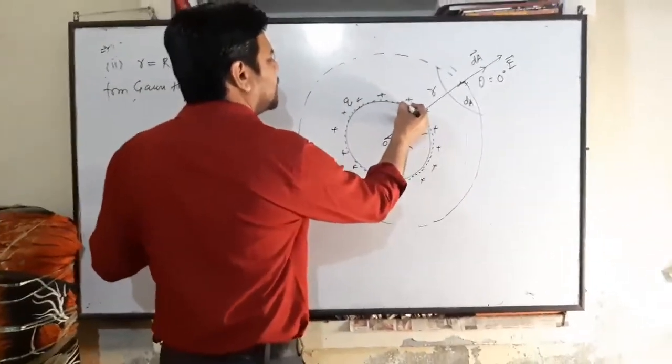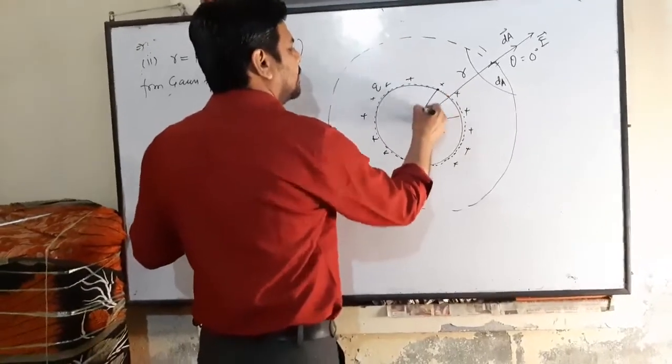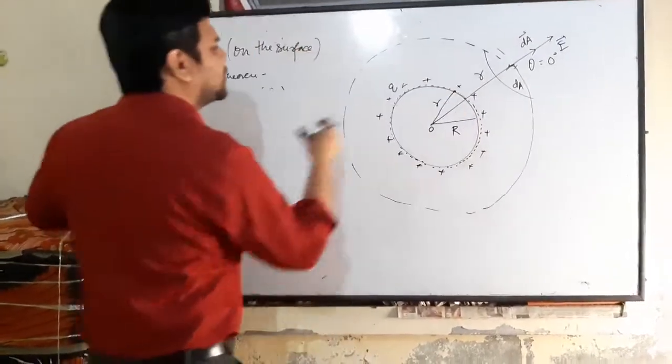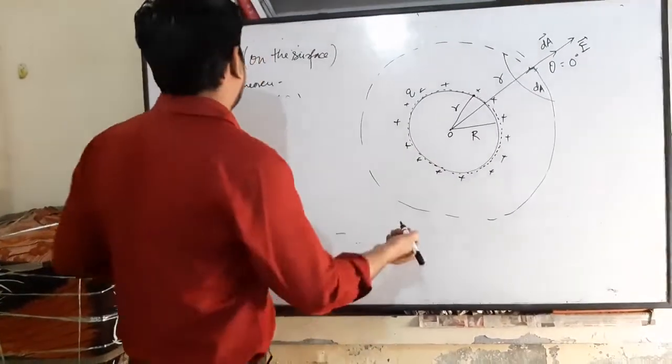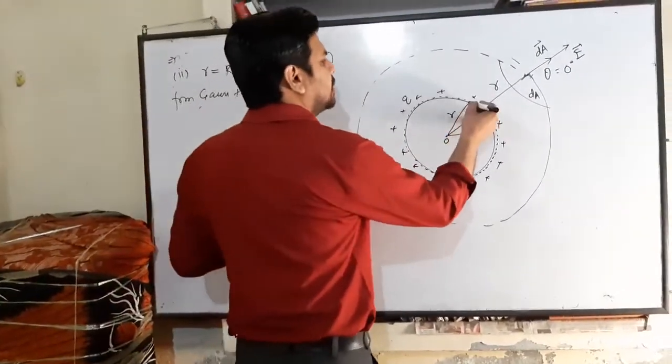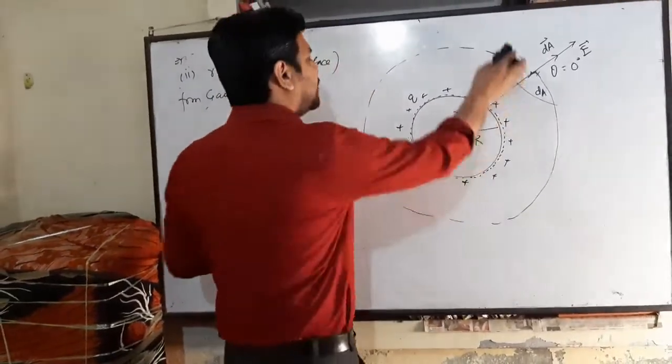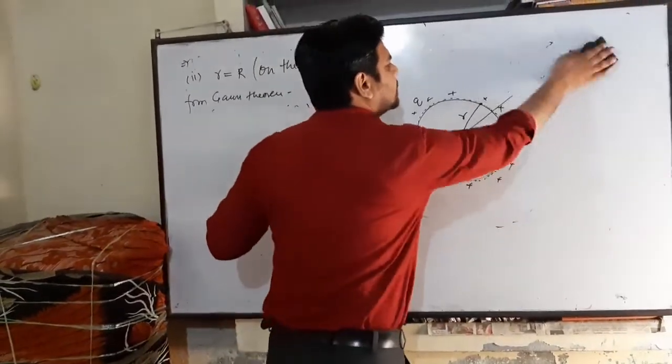Now the observation point here, this is r. In this situation r equals capital R. Now the same process, we can remove this Gaussian surface.